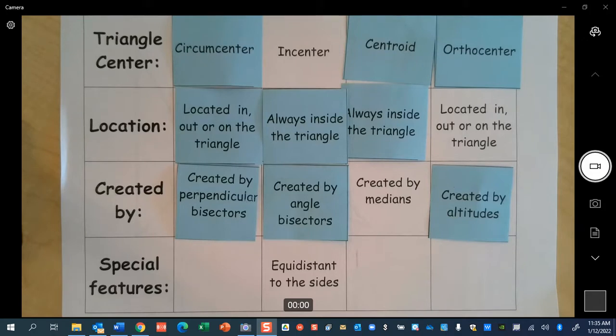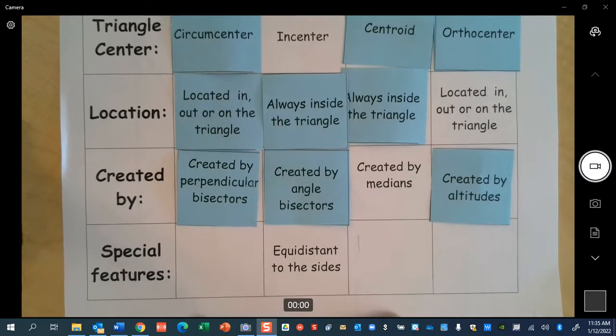If it cuts an angle in half, we're going to call it an angle bisector. If it cuts a segment in half at a perpendicular angle, we're going to call it a perpendicular bisector. Altitude is the height. So these special features of the triangles are what we're going to be quizzing and testing you on.